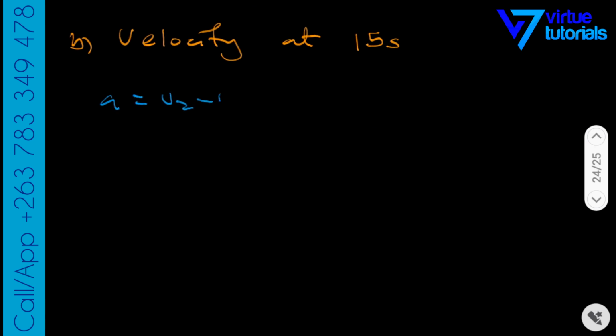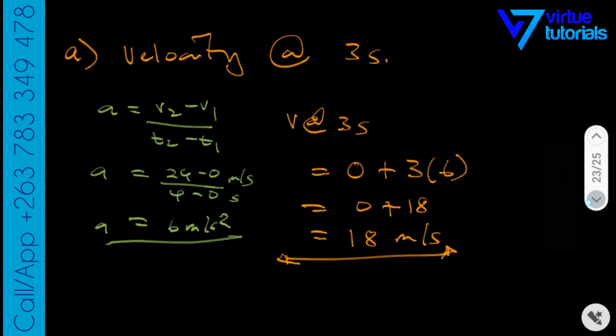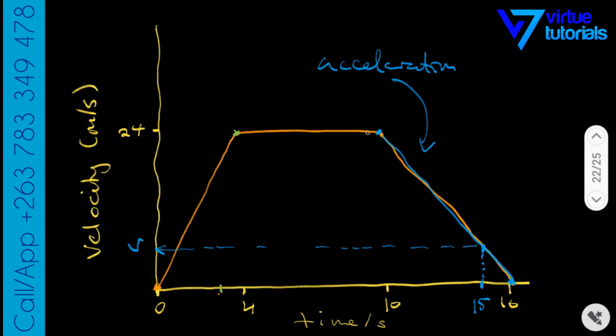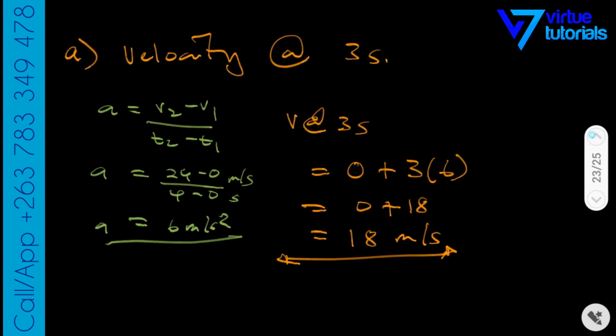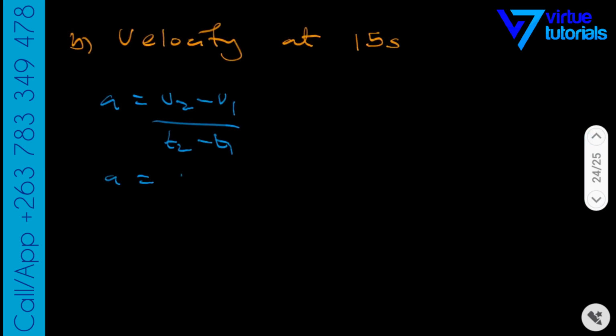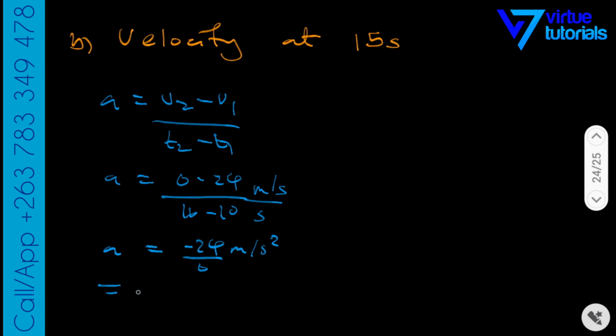It's V2 minus V1 over T2 minus T1, which is 0 minus 24 over 16 minus 10. So this is meters per second over seconds. So acceleration is equal to minus 24 over 6, which gives you minus 4 meters per second squared.